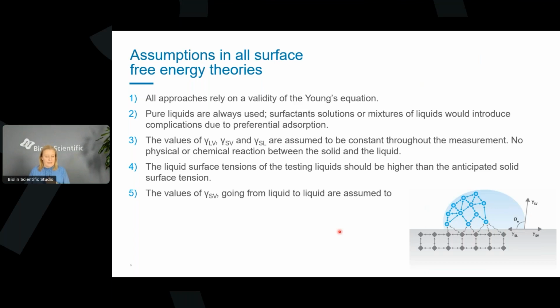And then basically the values of surface free energy are assumed to be constant from liquid to liquid. So basically the liquid shouldn't affect the surface free energy of the solid, which is, in a sense, given, since we are now looking at the ultimate value for the solid, which is independent of any liquids used.